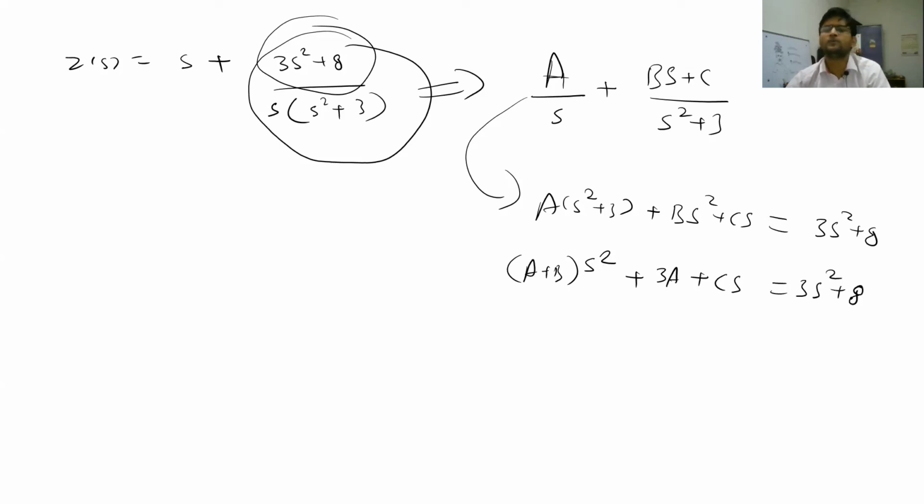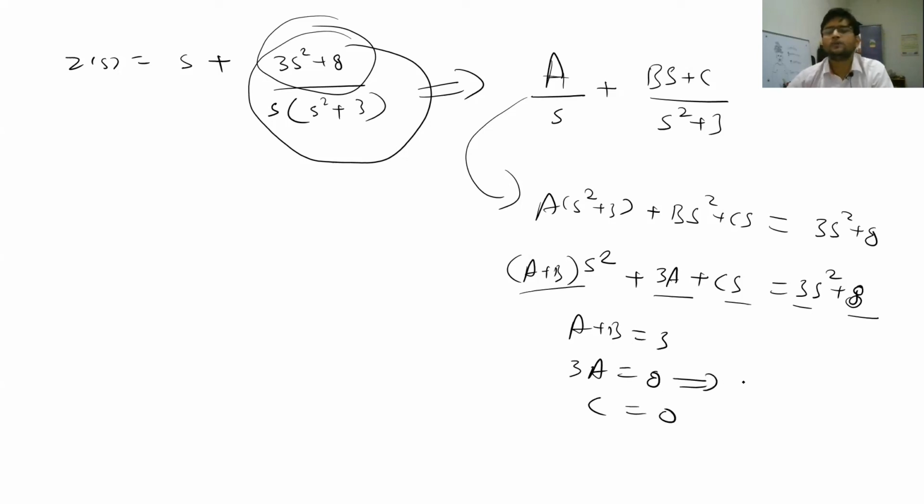Now you have to compare constant with constant, multiple of s with multiple of s, which is not here, and multiple of s square with multiple of s square. So what you are going to get is A plus B is equal to 3, and then 3A is equal to 8, and there is no s on the right hand side, so C is going to be equal to 0.